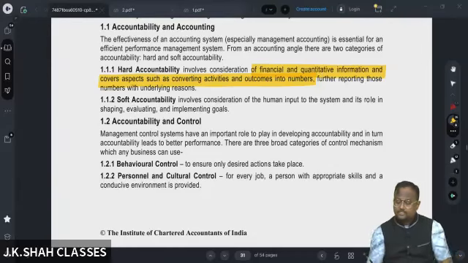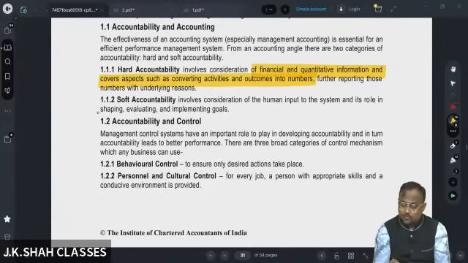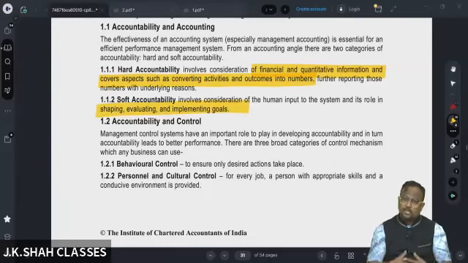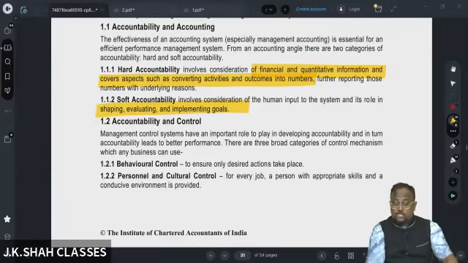Soft accountability considers human input to the system and its role in shaping, evaluating, implementing goals. It's like taking their opinion about it: sir 60 hours में possible नहीं है, sir 15 दिन में possible नहीं है. At least you will be given the right to say.